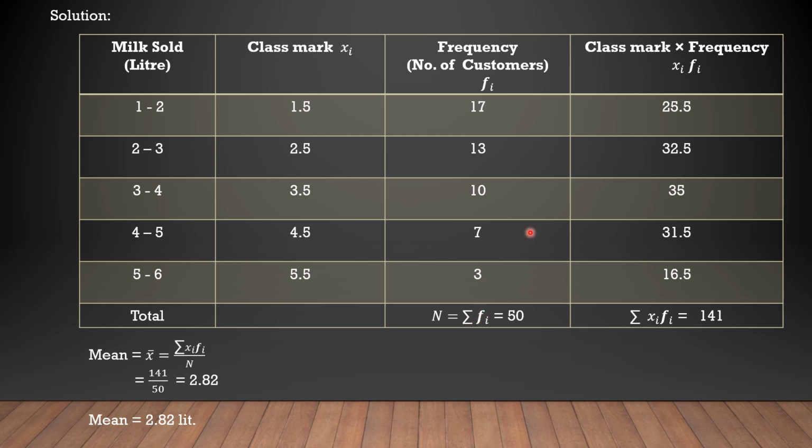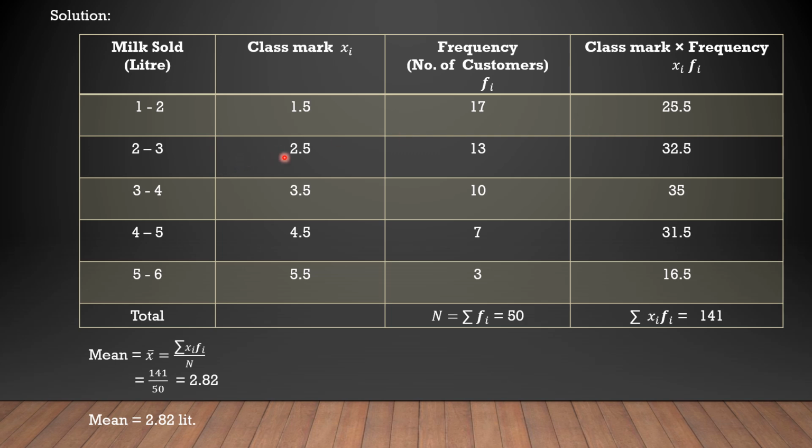Then we calculate the value of Xi Fi. Xi Fi means multiplication of class mark and frequency. So first, 1.5 into 17, which is equal to 25.5.